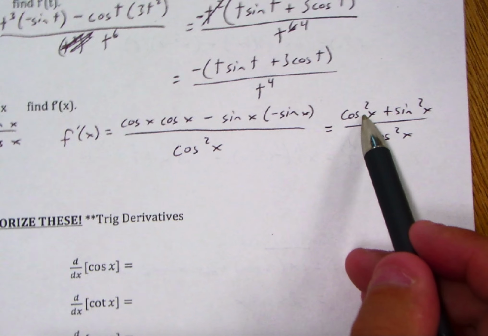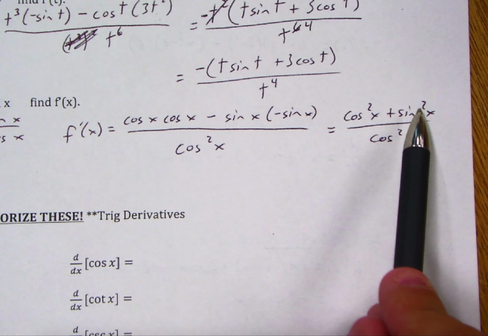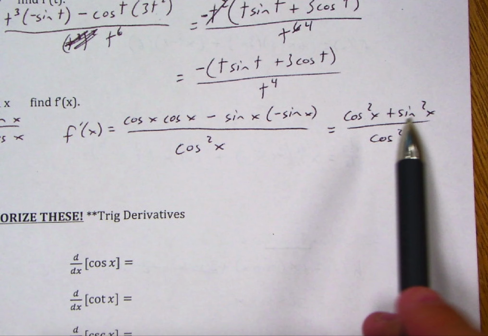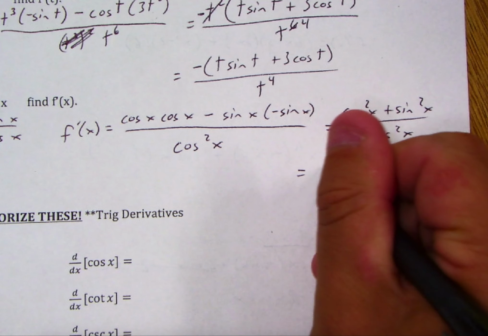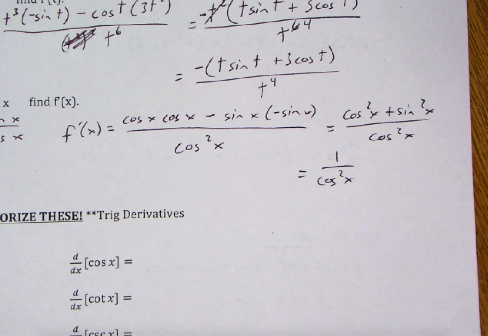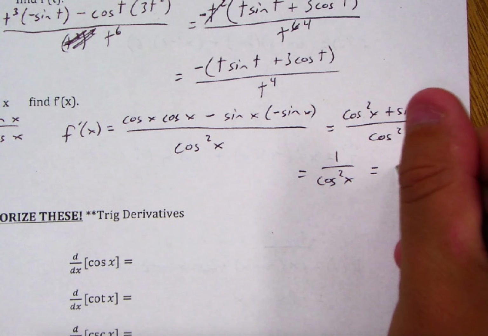Don't be an algebra silly mistake maker. But going back to pre-cal, sine squared plus cosine squared, this identity, this equals 1. So this is the same as 1 over cosine squared. And then 1 over cosine squared is just secant squared. Remember, 1 over cosine is secant, so this is just secant squared.